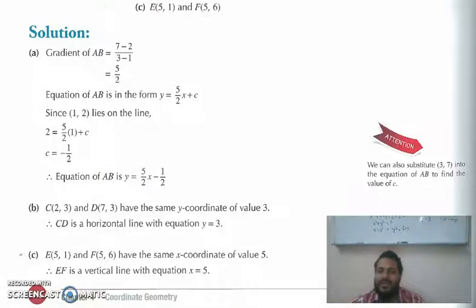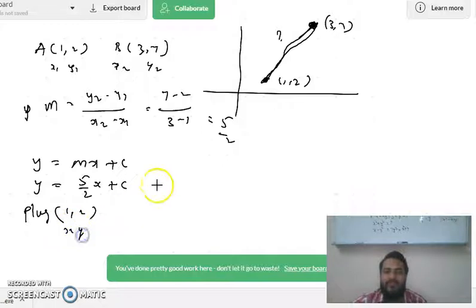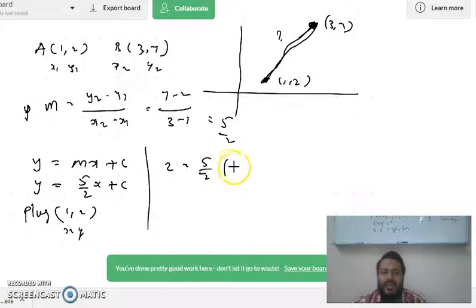We can plug in any one point, either 1 comma 2 or 3 comma 7. Now we plug 1 comma 2 into this equation, so this is x and y. So 2 is equal to 5 by 2 multiplied by x, where x is 1, plus c.